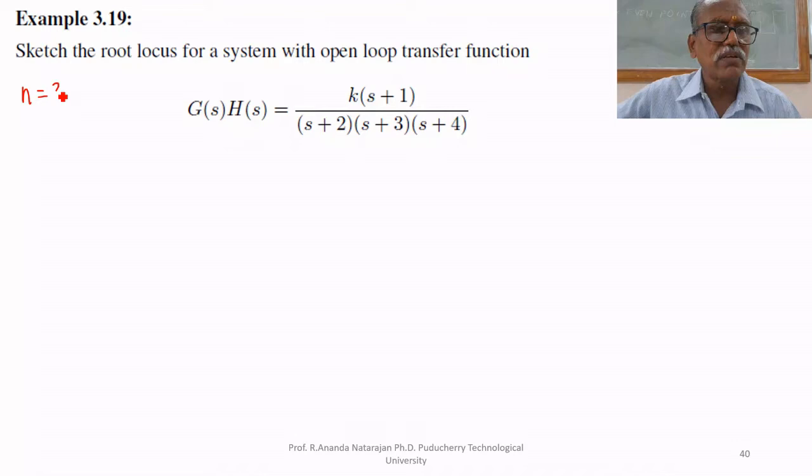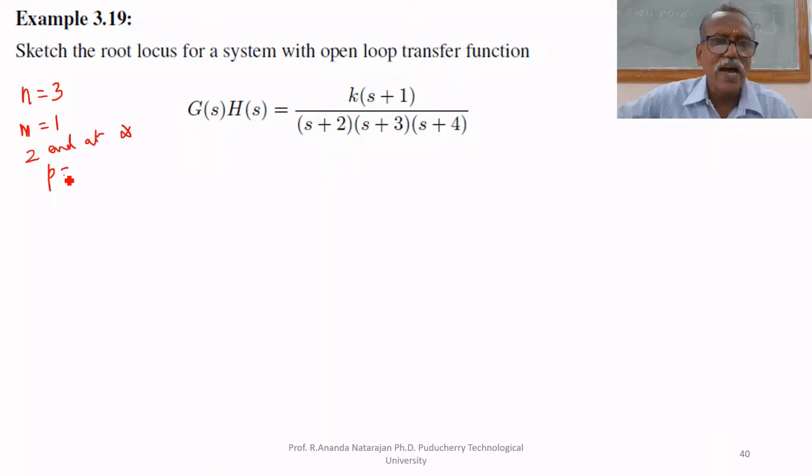The remaining 2 will end at infinity. What are the poles? Poles are -2, -3, -4. Zeros are at -1.